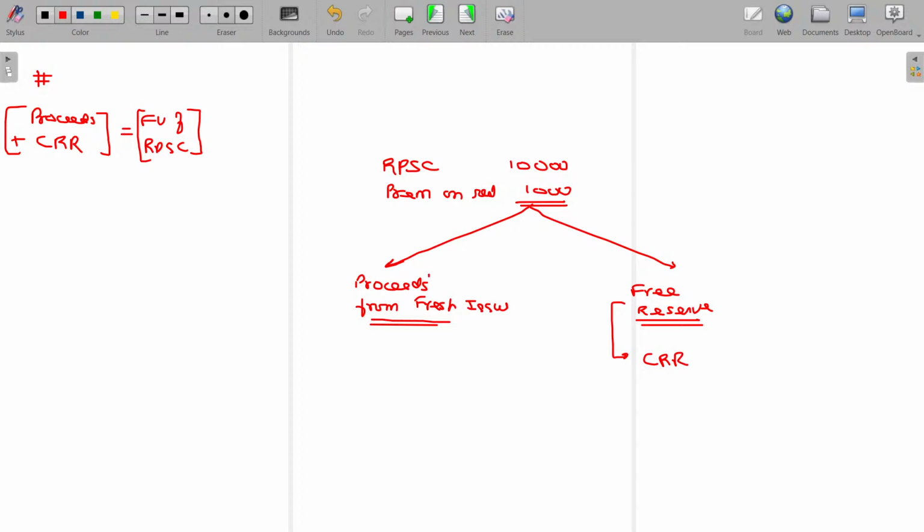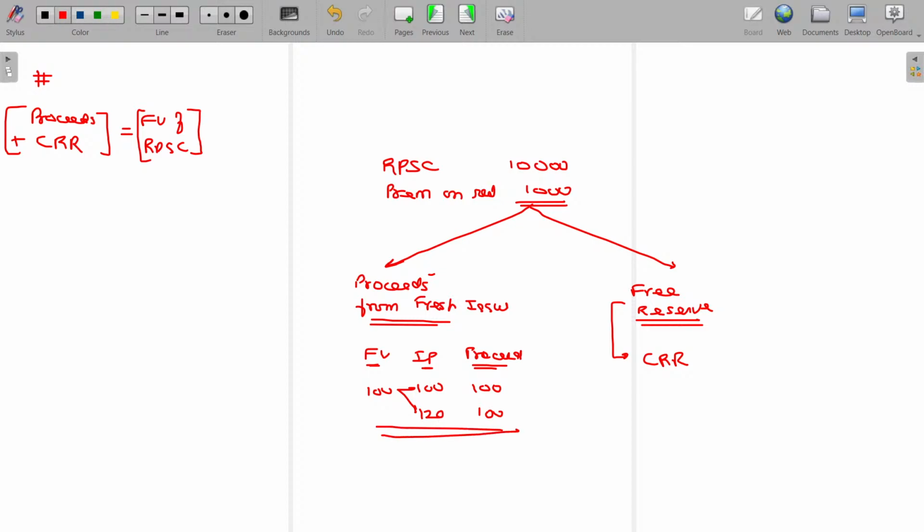Now you have to understand what is called proceeds. Face value 100, issue price being 100, then proceeds from every share being 100. If the 100 rupee share is issued for 120 with the premium, then proceeds from issue being 100 only.